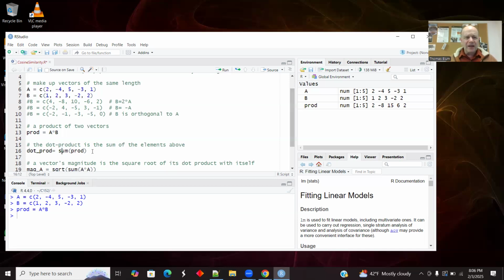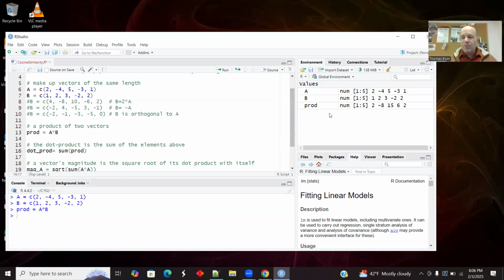So I'm combining a multiplication and a sum to get the dot product. But there are libraries that will indeed just have a dot product defined. But I tend to roll my own, especially because my purpose here is to teach introductory R. So who wants to bring in a library that just does everything for you?